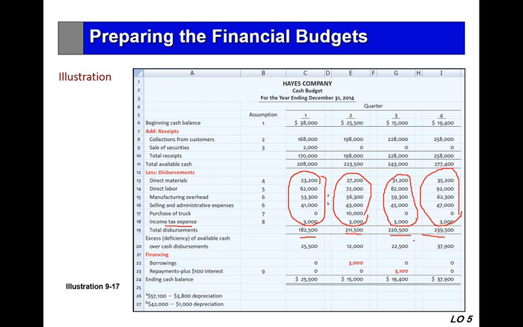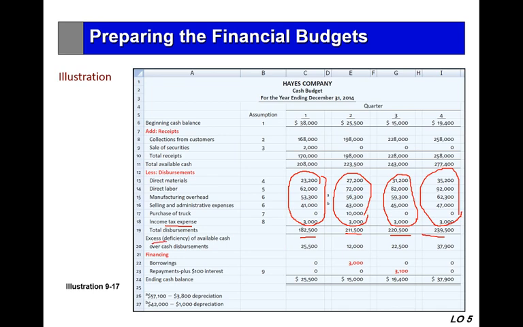This is the total disbursements: 182,500, 211,500, 220,500, 239,500. This is the total disbursement for the four quarters, the sum of these amounts for every quarter, first, second, third, and fourth.